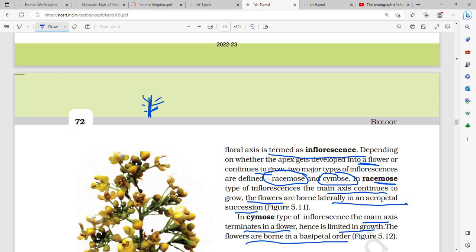So acropetal succession means young flowers are present towards the apex and older flowers are present at the base. In radish, lupin and mustard, that is acropetal succession.